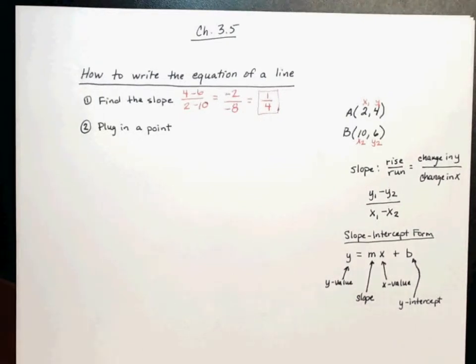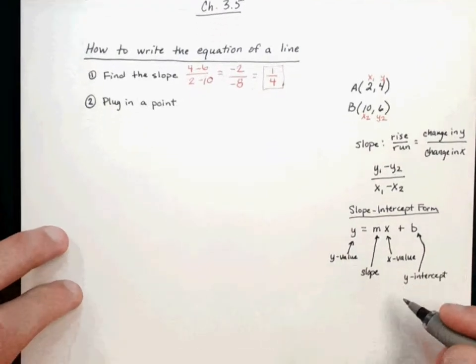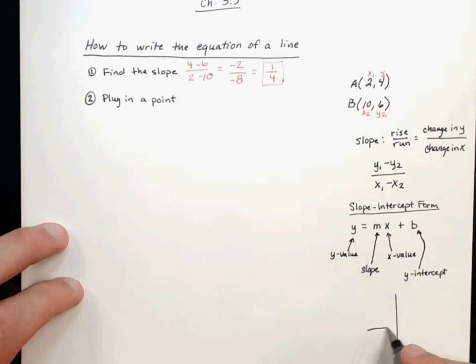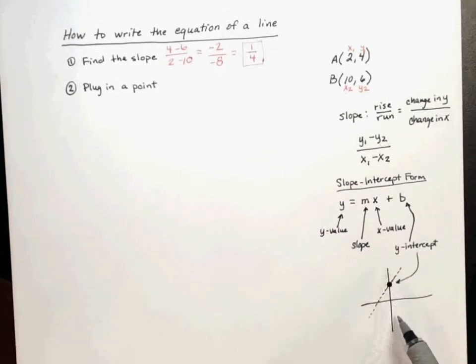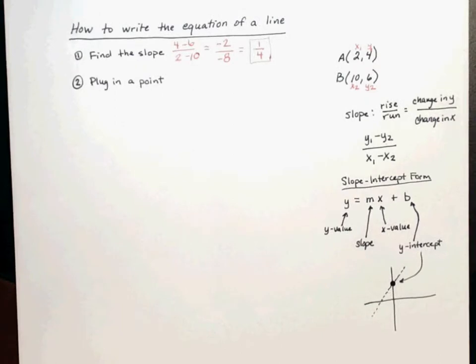Remember, a y-intercept is wherever our line intersects the y-axis. So for instance, if we had this graph right here, and this dotted line is our line, that point right there is our y-intercept. Okay? Because that's where it crosses the y-axis.